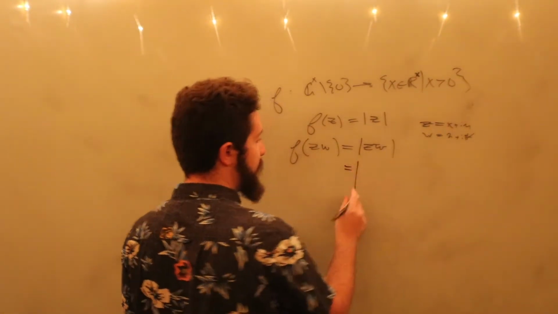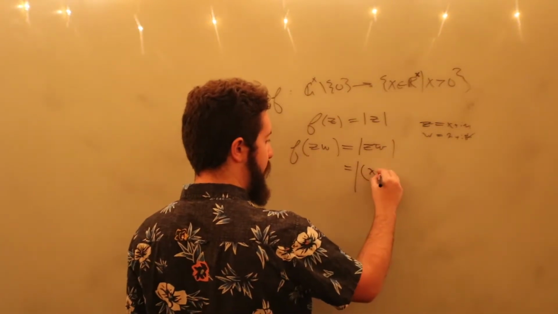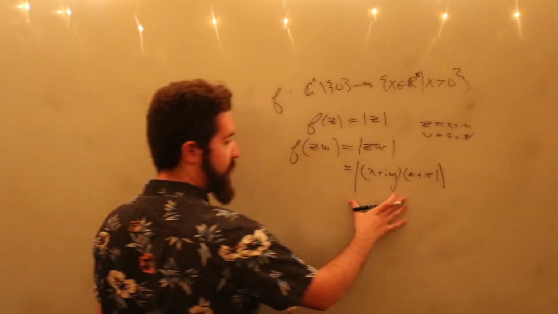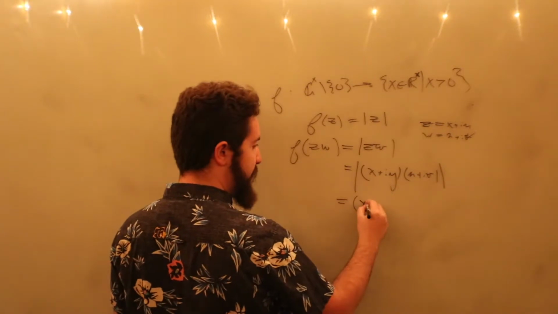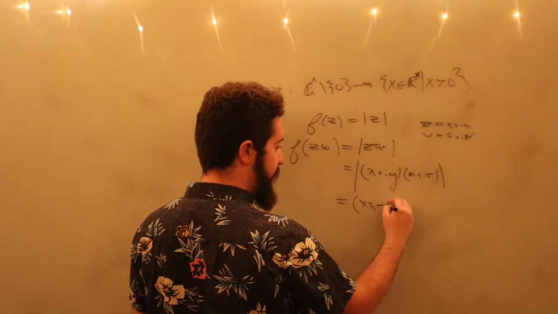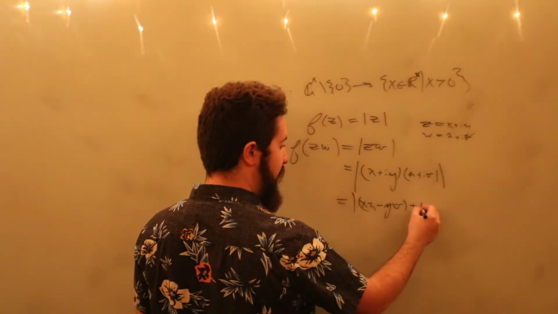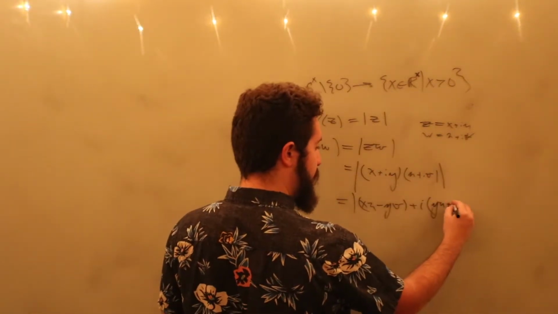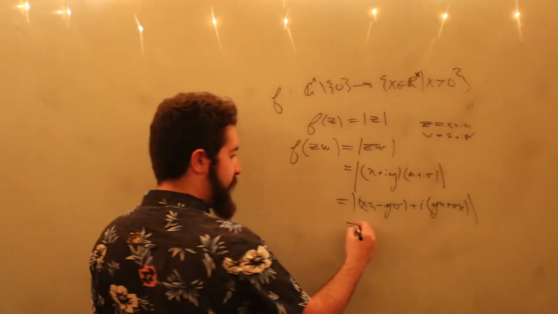The modulus of x plus iy times u plus iv is going to be equal to the modulus of xu minus yv, since i squares to -1, plus i times yu plus vx.